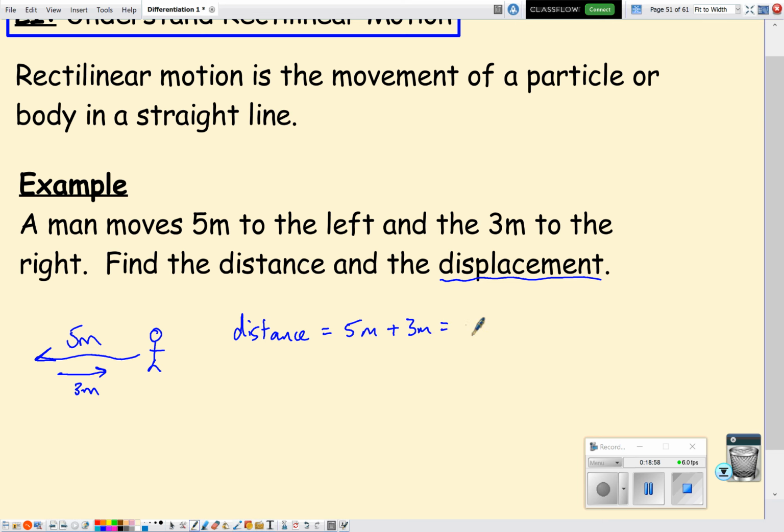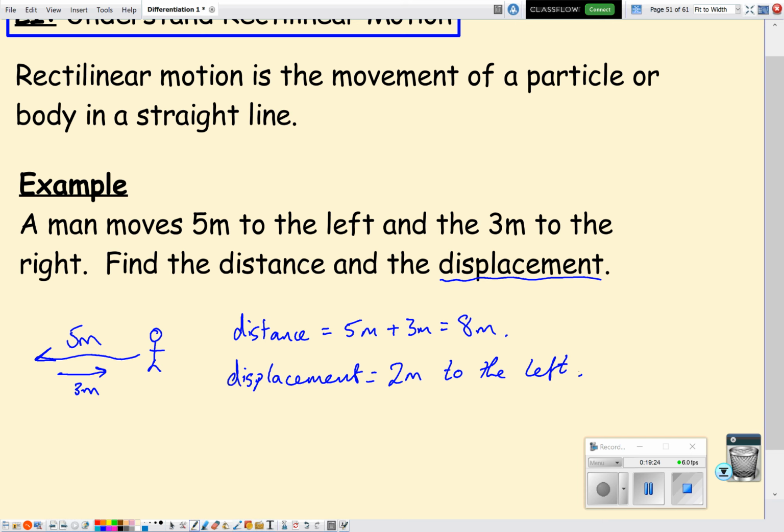So the distance travelled overall is 8 meters, right? But displacement, right? Displacement is a vector quantity, so it's got direction, and so the man's displacement is 2 meters to the left. Yeah, and so that's the difference between distance and displacement.